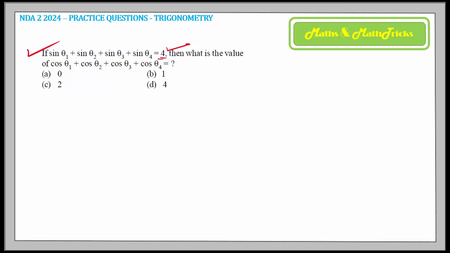And when they are the same, they have to be equal to each other and equal to, you know what, 90 degrees. So for this particular setup only, the first given part will be achieved, that is the sum of sin theta 1, sin theta 2, sin theta 3 and sin theta 4 would be 4.